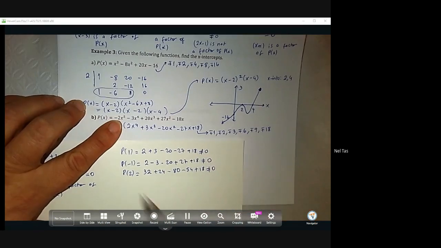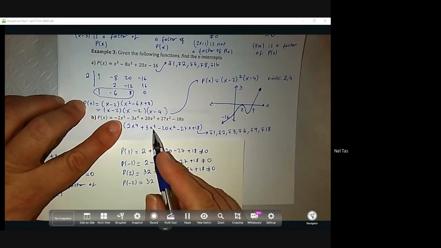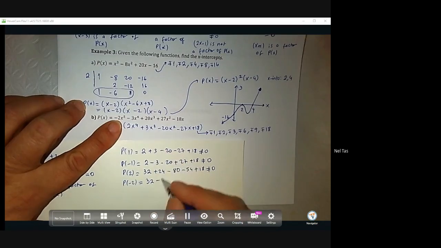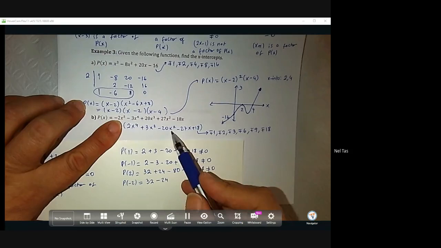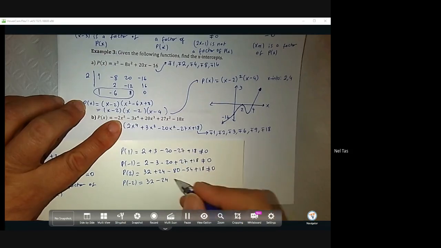Let's try now negative 2. Negative 2 to the power of 4 again is 16. 16 times 2 is 32. Negative 2 cubed is negative 8, times 3 is negative 24. Negative 2 squared is 4, and 4 times negative 20 is negative 80.